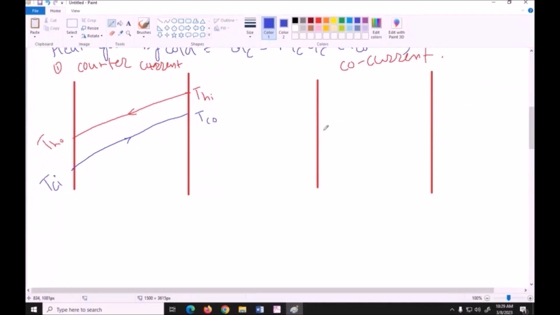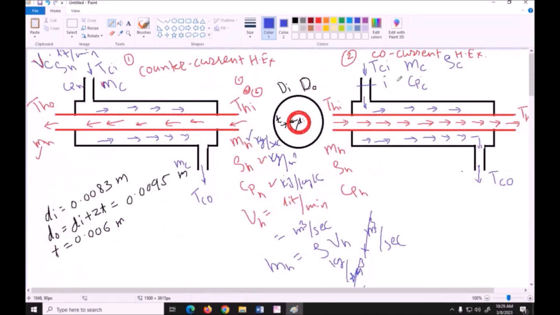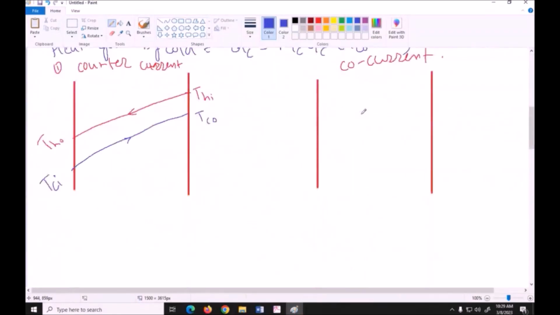Similarly, for parallel flow, or co-current, the inlet is here, so hot water is flowing here and cold water is flowing here. Cold water enters at TCI, and here we get TCO. THI is the highest temperature and it comes out as THO. Hot water loses heat and cold water gains heat in this direction. So this is called a co-current heat exchanger.